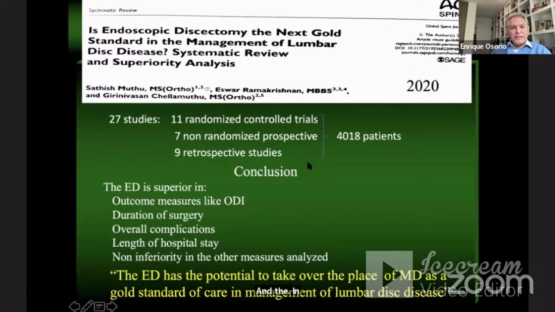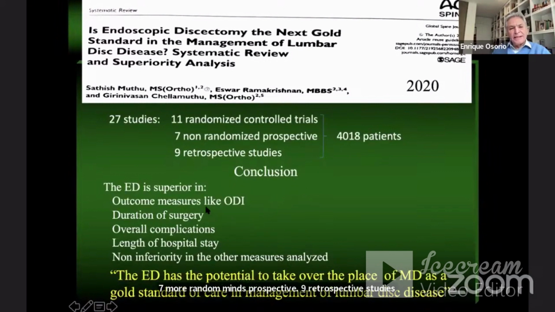in 2020, this study with 27 studies, 11 randomized controlled trials, 7 non-randomized prospective, 9 retrospective studies in 4,000 patients.